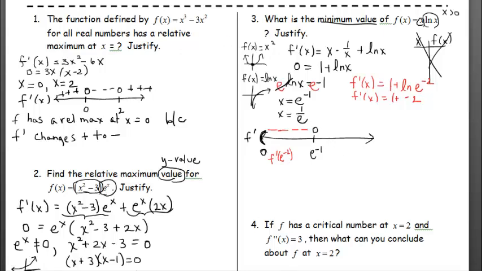Okay, now let's look at a test value to the right of e to the negative 1. Like e to the 0, e to the first, e to the second, anything like that. I'm going to just test e to the 0. Okay, so go back up here, plug in e to the 0.